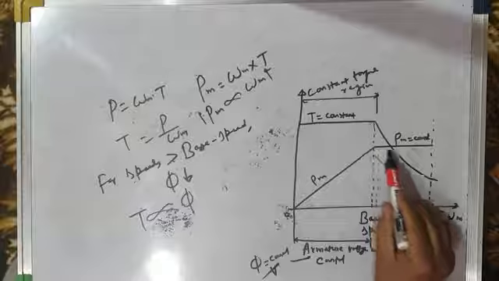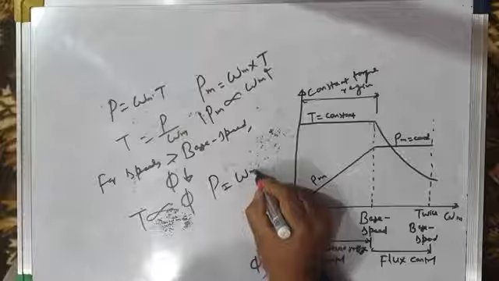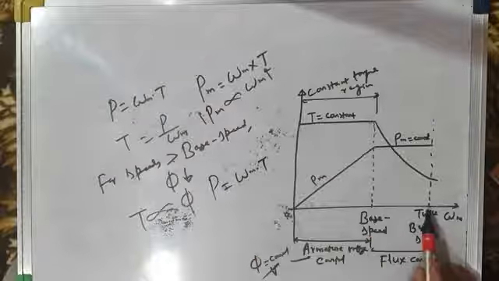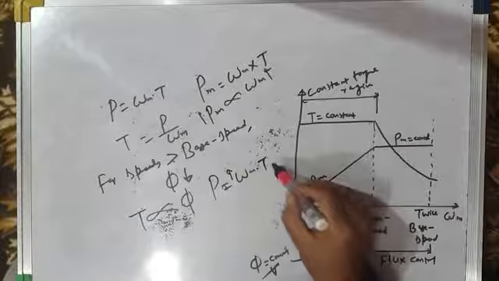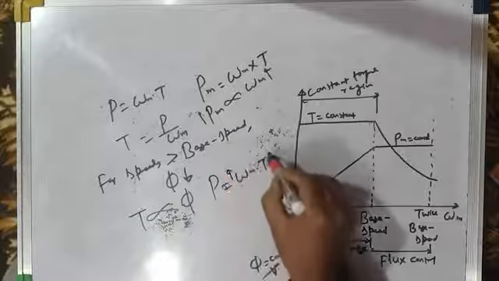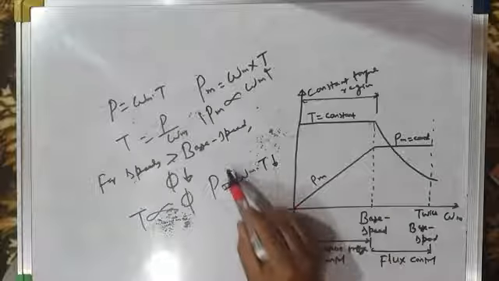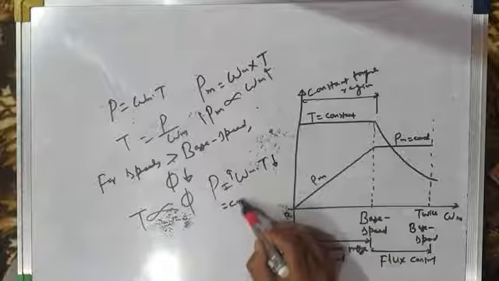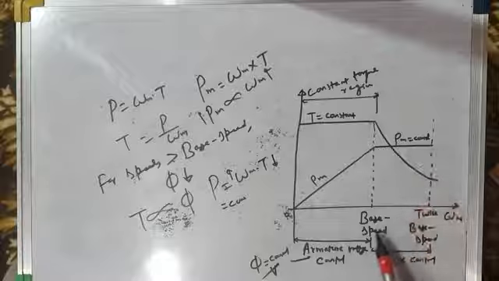However, power developed by the motor remains constant. Why? Because P is equal to omega m into T. From base speed to above base speed, speed increases, but torque decreases, and the product of the two remains constant because one parameter increases while another decreases. So that's why power remains constant for speeds above base speed.